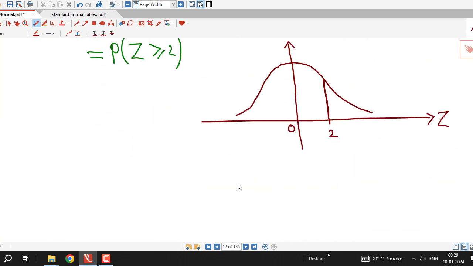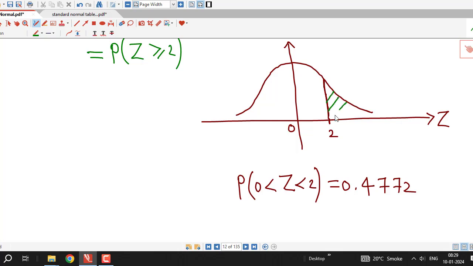So let me write that given table value: 0 less than Z less than 2 is nothing but 0.4772, and I am interested in this probability that Z is to the right side of this.